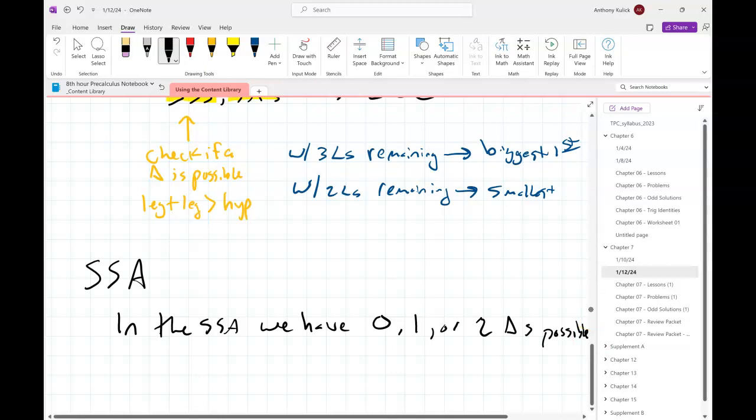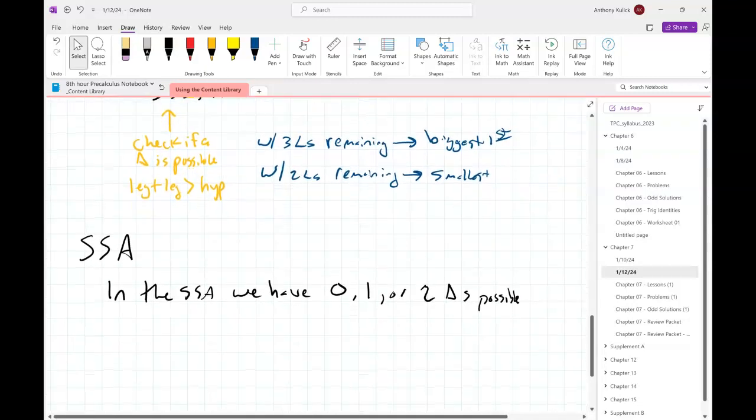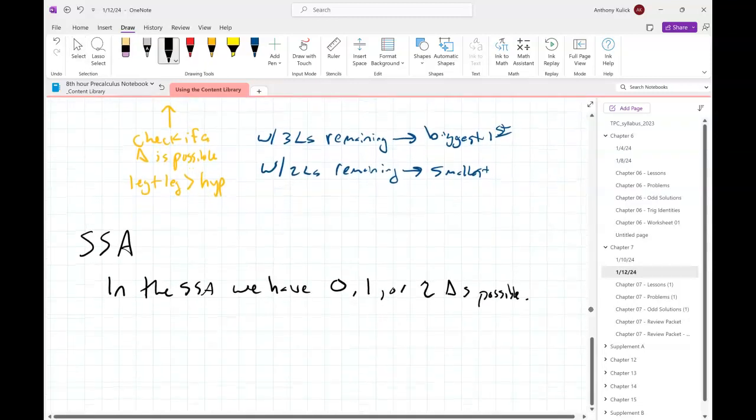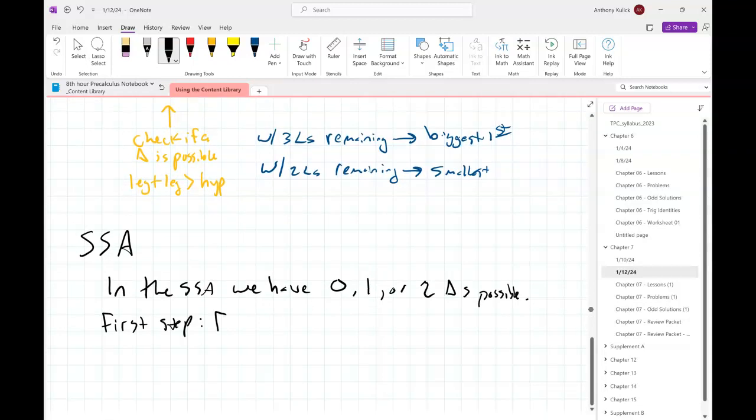Our first step is going to be figuring out what's going on, whether we have 0, 1, or 2 triangles. The way we're going to do that is we're going to begin by looking at the given angle.